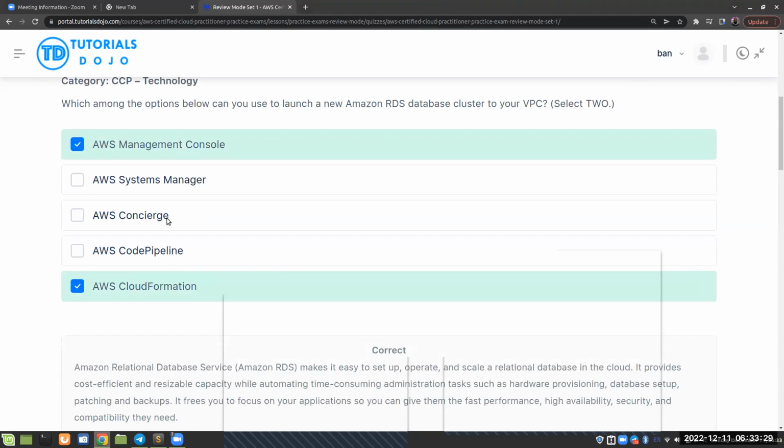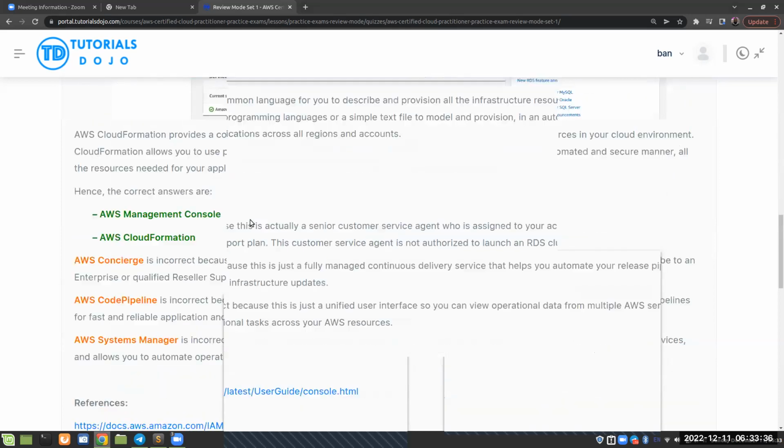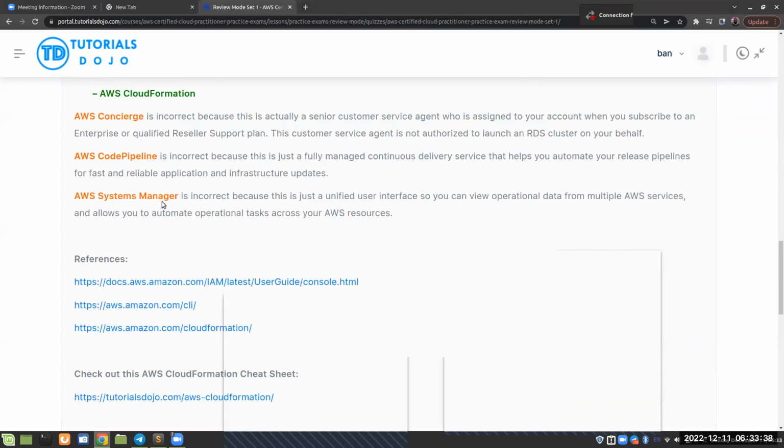But then we've talked about what AWS Concierge, Systems Manager and CodePipeline are. Systems Manager is a unified user interface where you can view operational data from multiple AWS services and automate operational tasks. Each time I think of Systems Manager, automating operational tasks across AWS resources comes to mind.